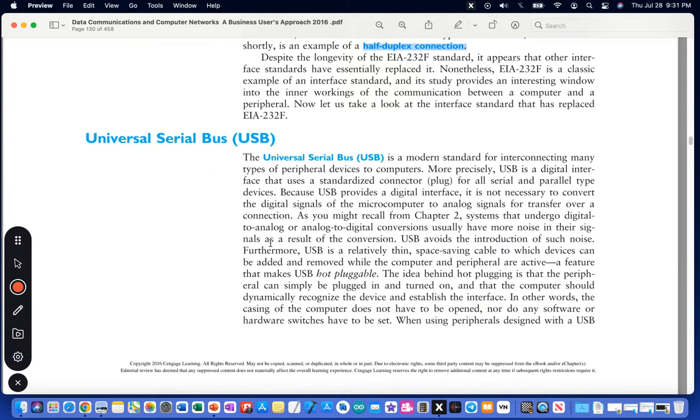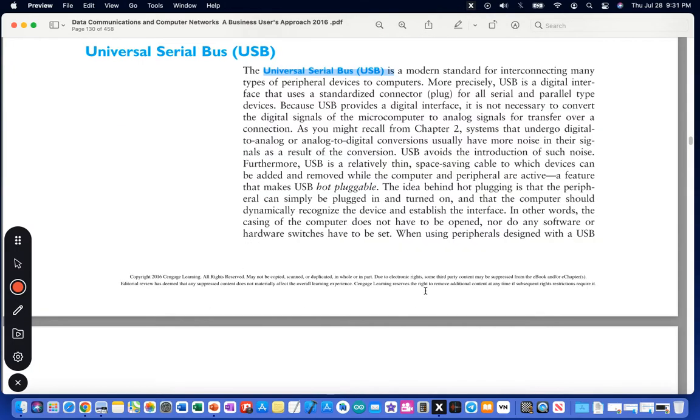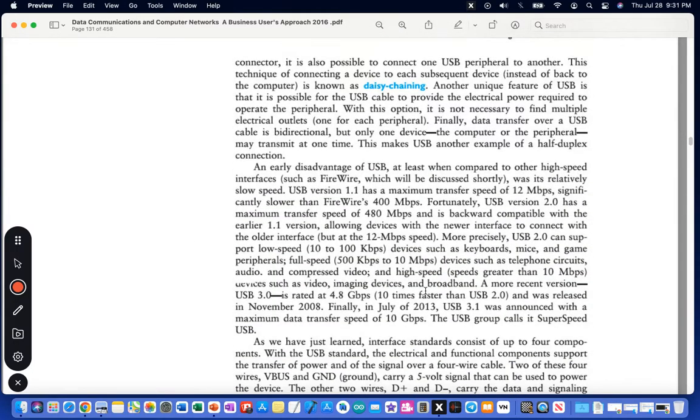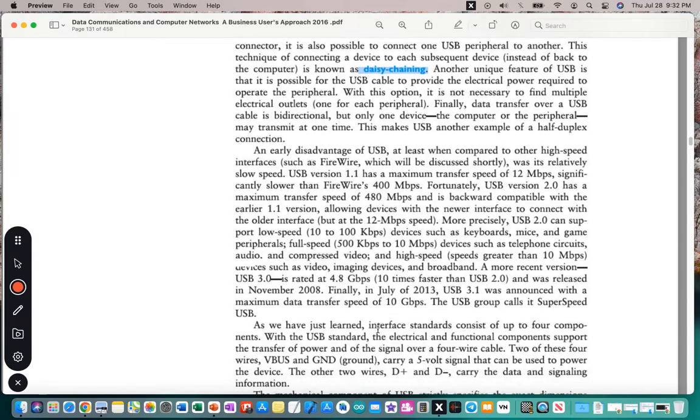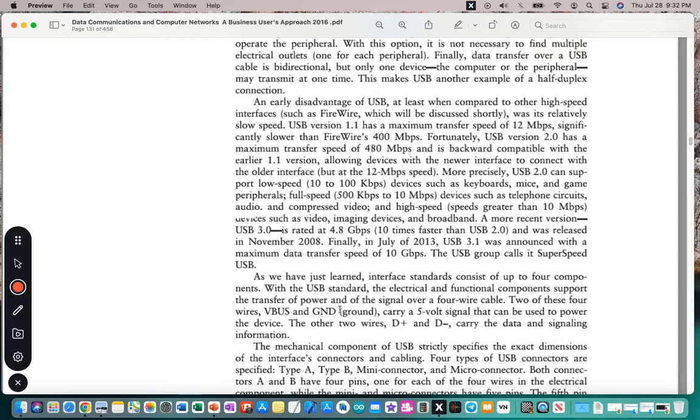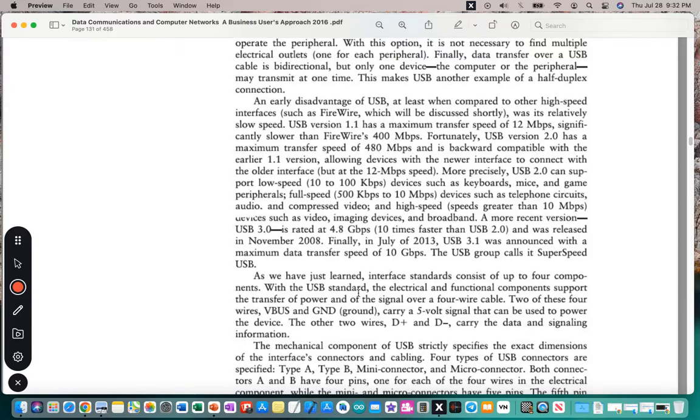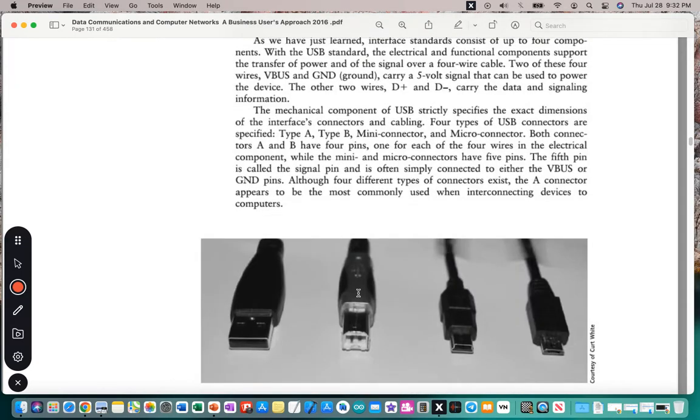And USB, Universal Serial Bus, all right? And we have daisy chaining, like connecting a USB peripheral to a peripheral to another one to another one. They can be chained up to 256, or 255, devices.